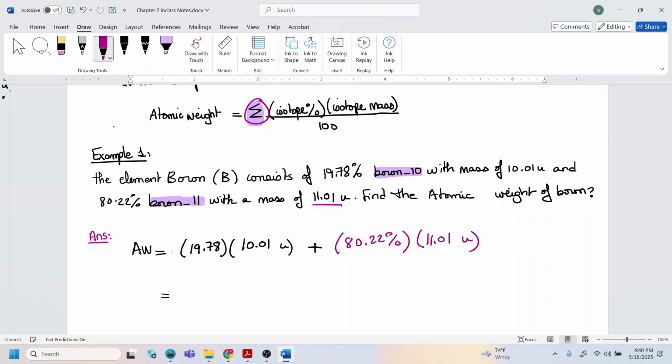This whole thing is going to be divided by 100. You do the calculation, and the answer is going to be 10.81 atomic mass units. It matches the atomic mass of boron in the periodic table, which is 10.81. Let's have another example.